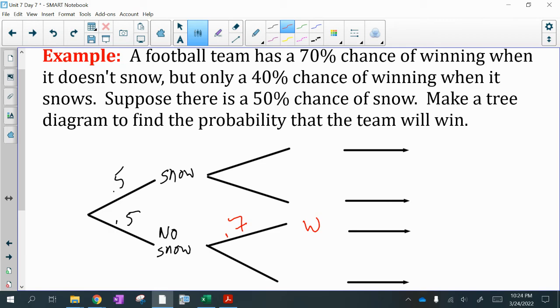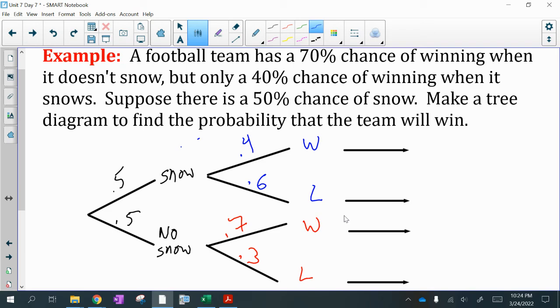And then I'm going to say losing, and I'll say it's 0.3, though technically I'm sure somebody wants to argue with me and say it could have been a tie. Then let's take a look at the top one. If it does snow, my winning probability is going to be 0.4, and my losing probability is 0.6.